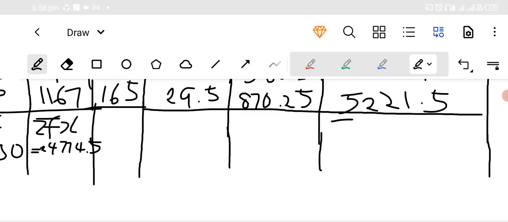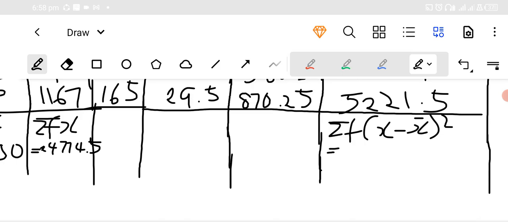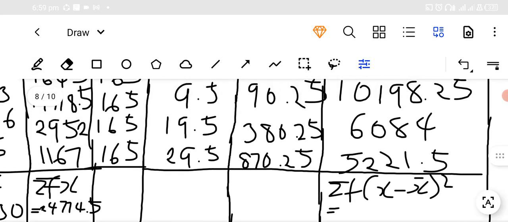So here we need the summation. Let me just write summation of f times x minus x bar squared.